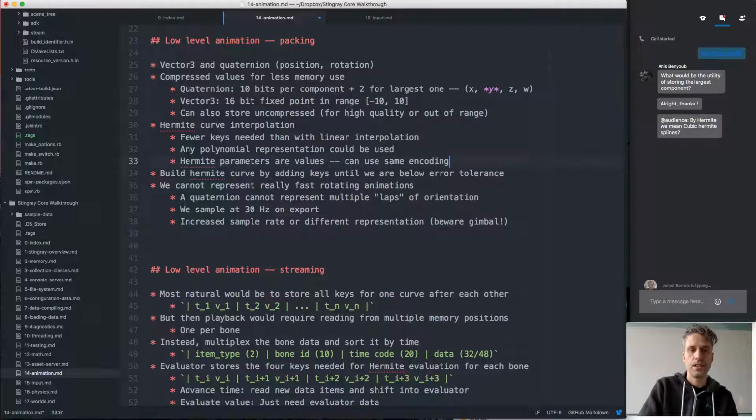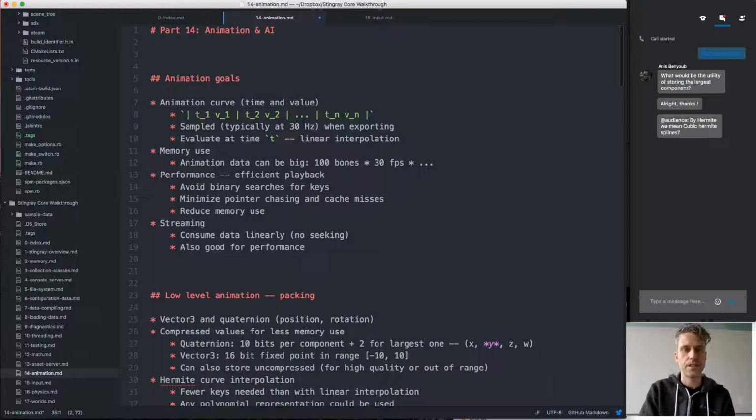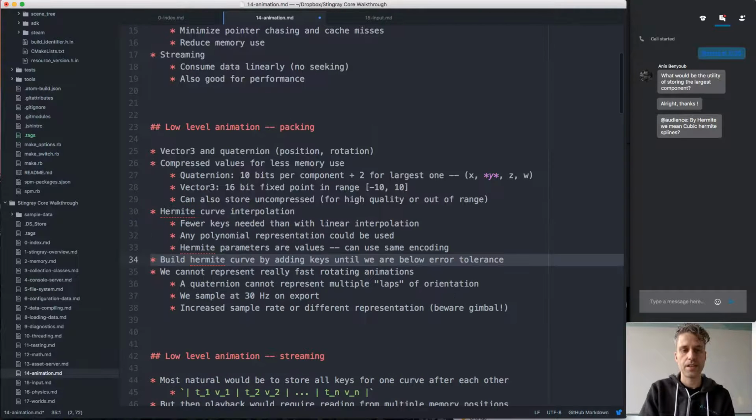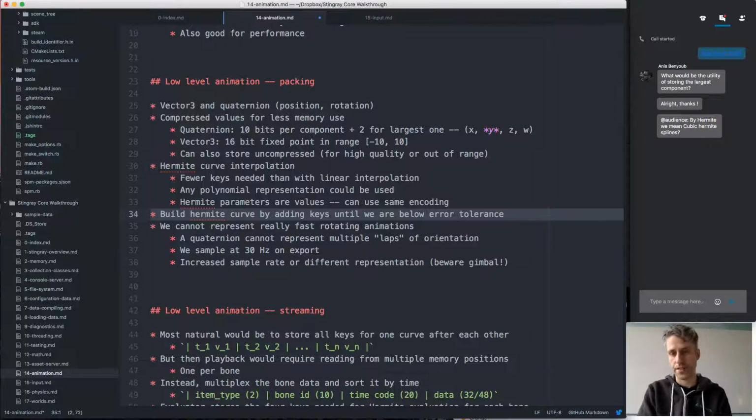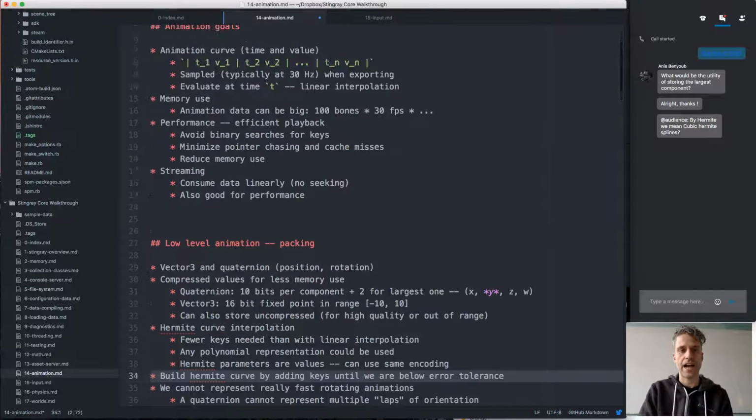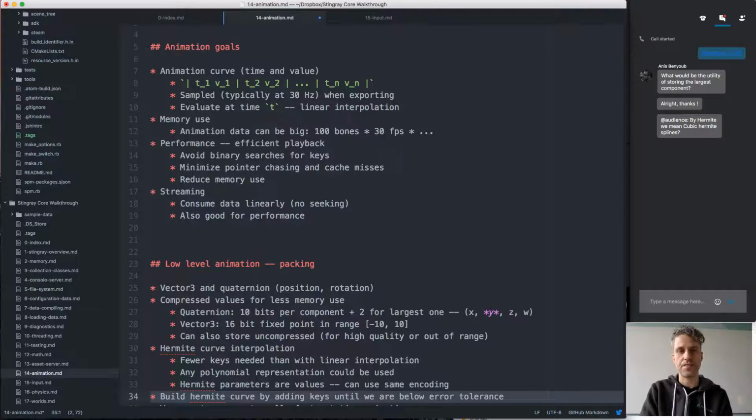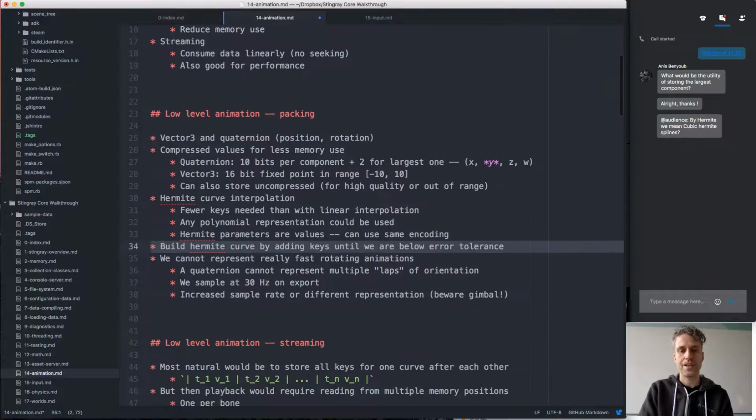And to build the Hermite curve from this sample data, we just start with a flat curve with just the endpoints, and then we measure the error tolerance, like how accurately are we representing these values of the original curve, and we have some threshold, how much error we're willing to accept.